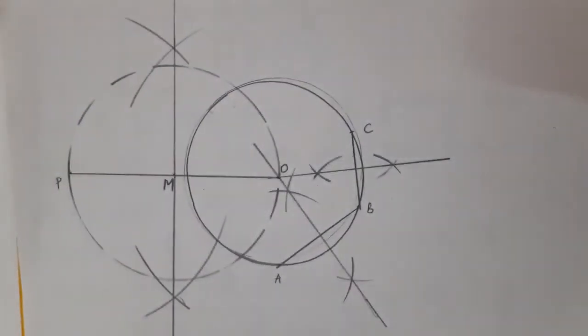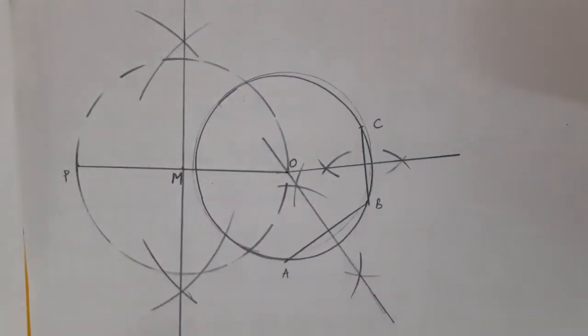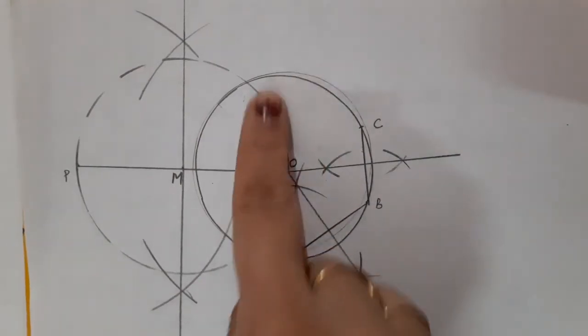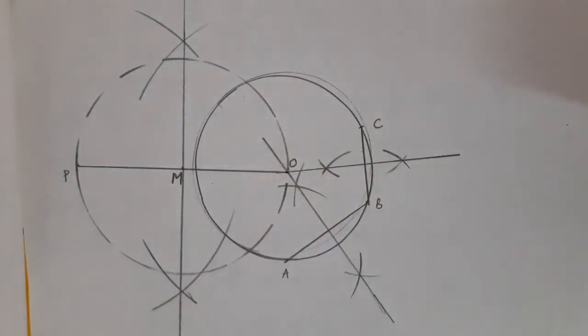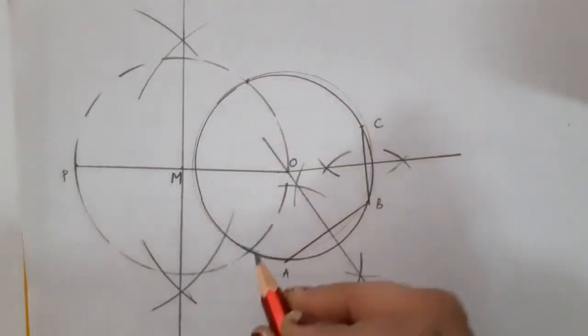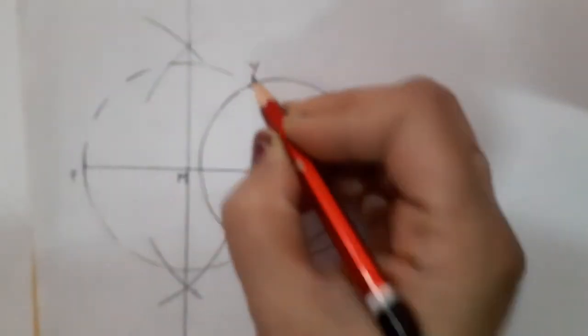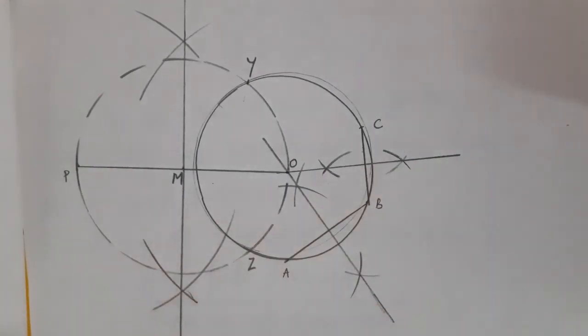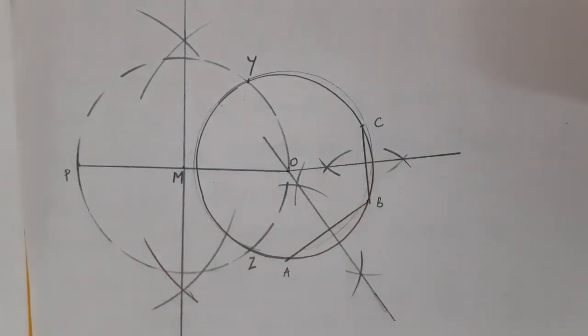Here you can see. Correct? Understood? Now this dotted circle is going to intersect the given circle at 2 points. Correct? So here you can give them the name as Y and Z. That depends on you, whatever name you want to give.